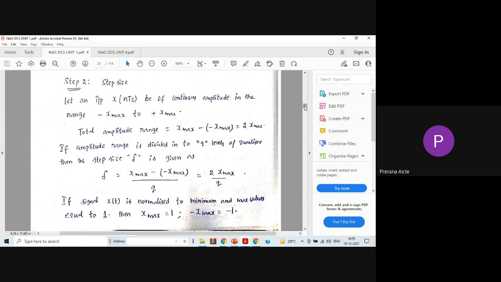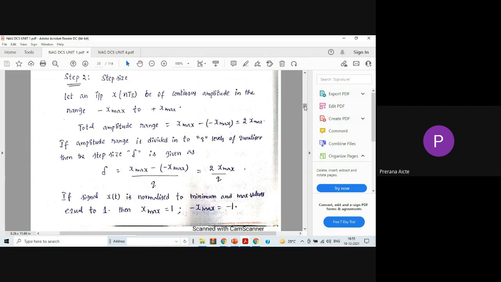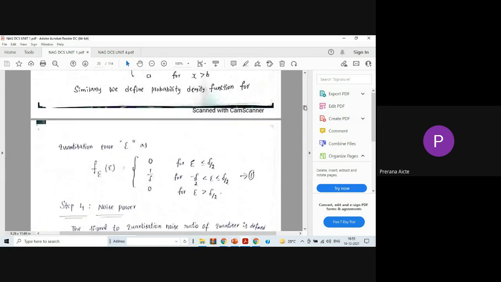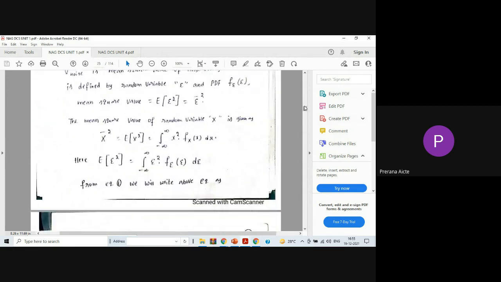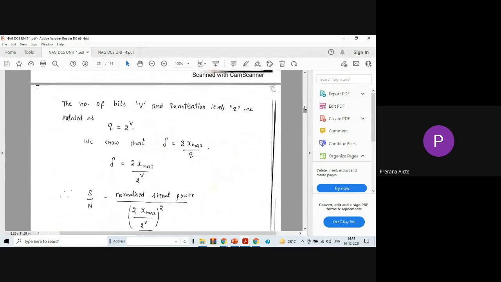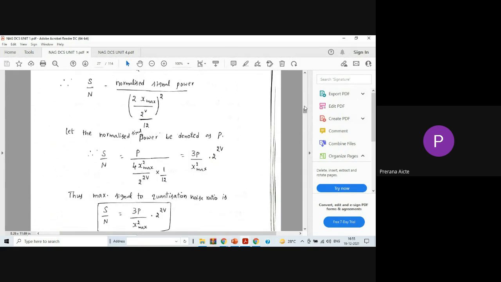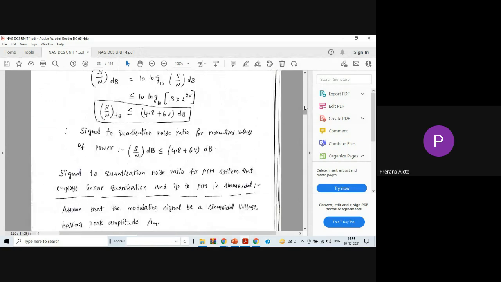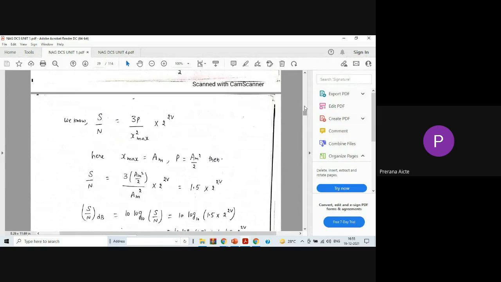That's why we are going for DPCM, and DPCM works on the principle of prediction. That is, the prediction filter predicts the present value based on the past value, but the prediction is not exact, but it is very close to the present sample value. Okay, these are the topics we have seen.